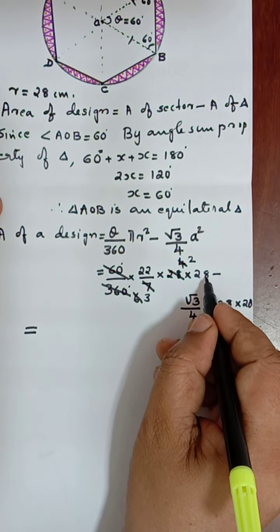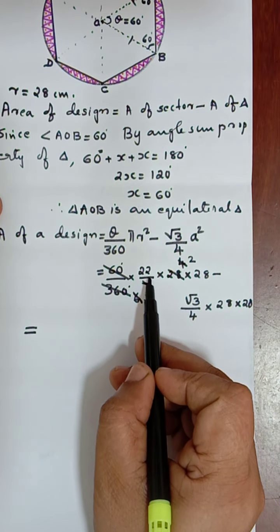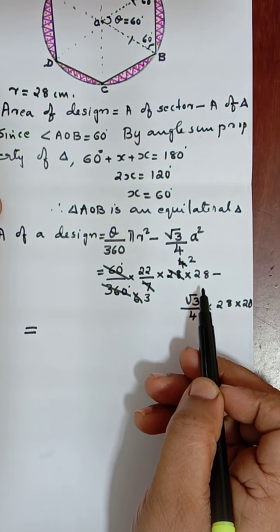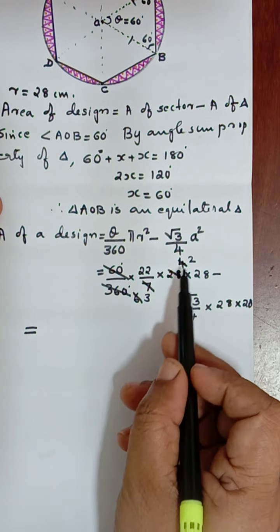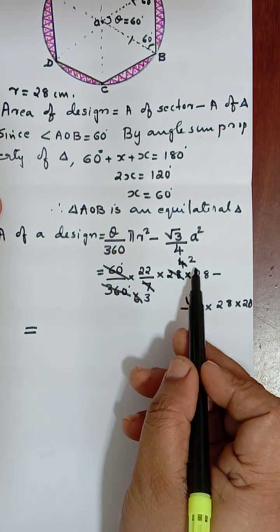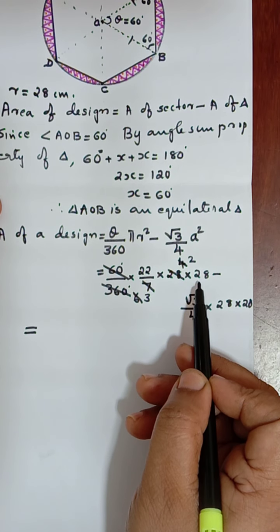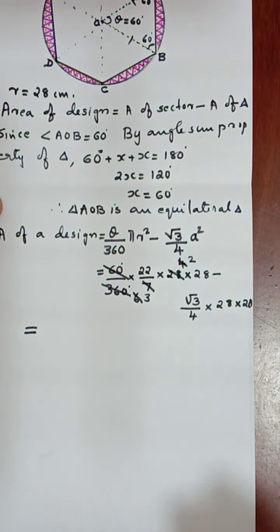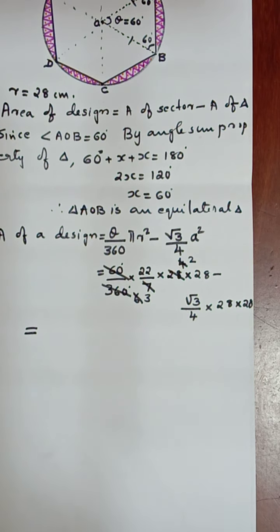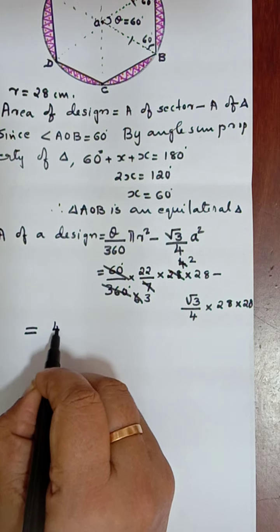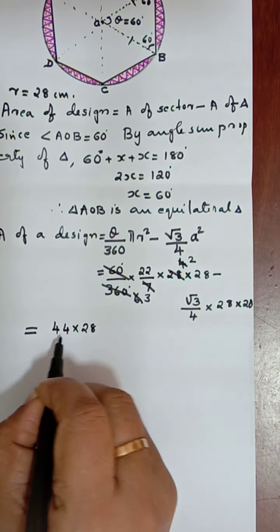Now this is our 22 into 2 into 28 divided by 3. Here you are getting 22 into 2, 22 into 2 is 44, 44 into 28 divided by 3.